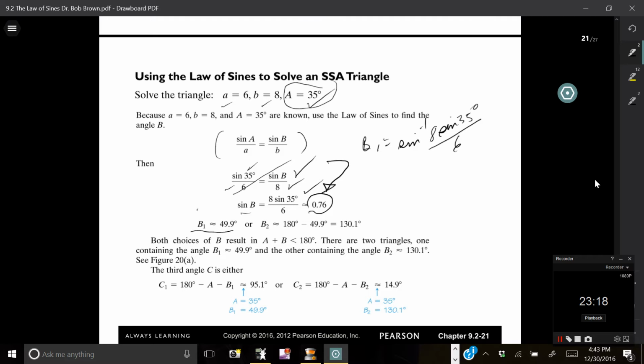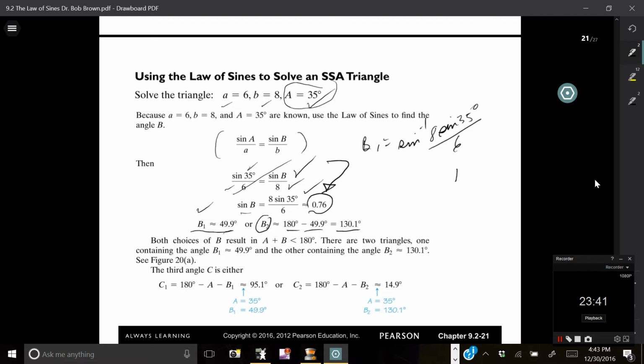And you'll find that B1 is approximately 49.9 degrees. Now, the other possibility would be a B2 equals 180 minus 49.9, equal to 130.1. Now, is that going to be okay?